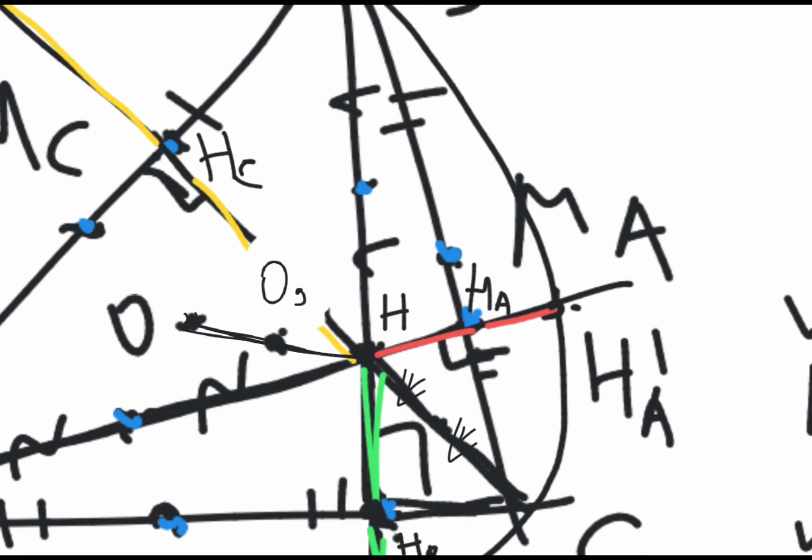Because we consider the homothety with center H that shrinks the circle with center O to the 9-point circle with center O9, right? So therefore these two segments must be equal to each other.